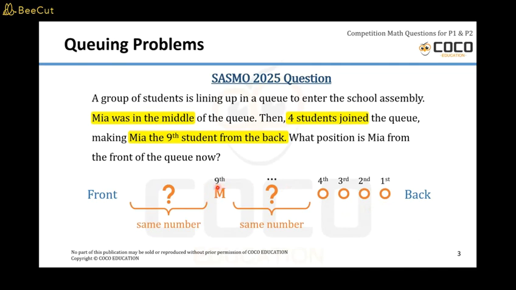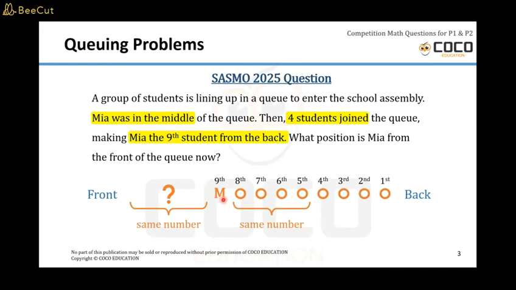So how many students should we put in between here? Okay, let's take a look. We have 4th here, which means the next would be 5th, 6th, 7th, 8th, then 9th.